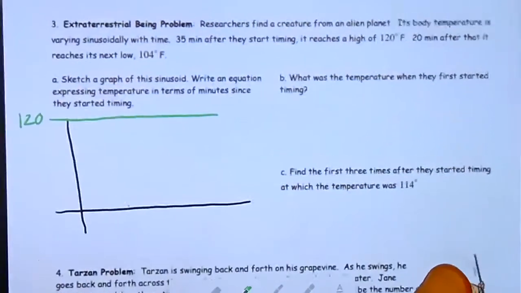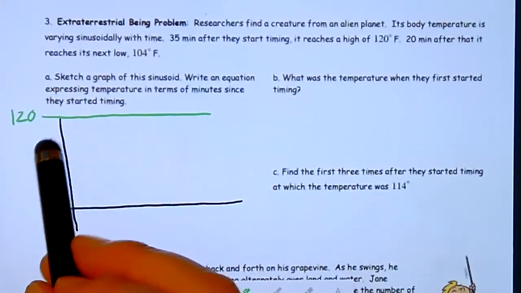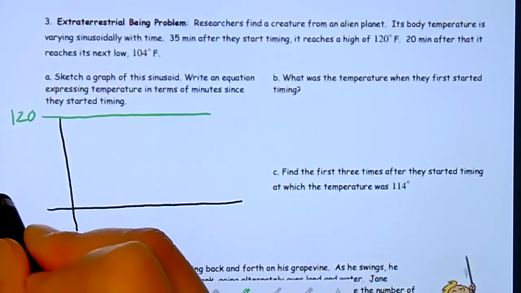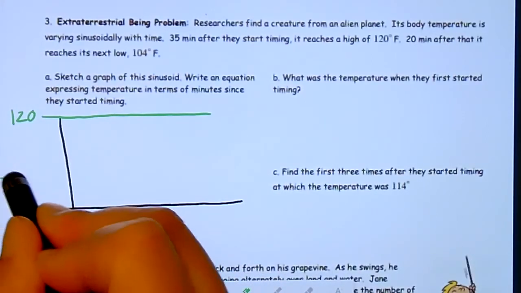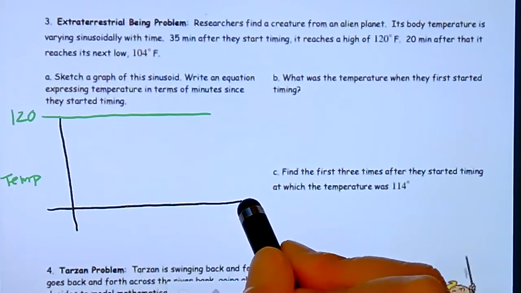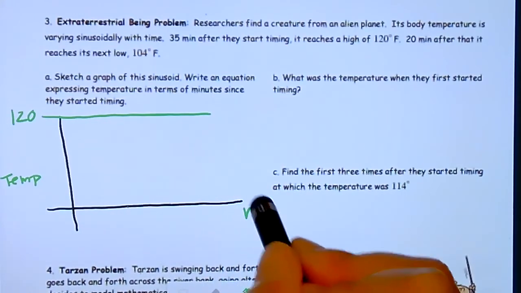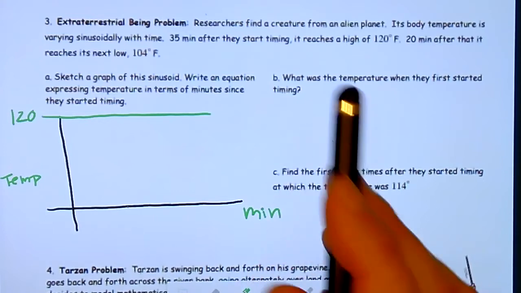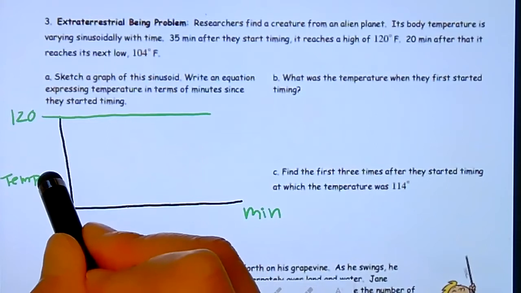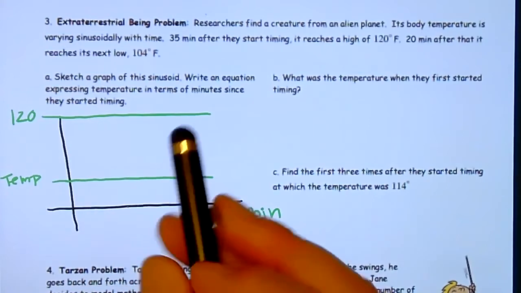And this is going to be temperature over here, okay, temperature, right. Temp. And over here, this is going to be minutes. Then the low is going to be at 104. So let's just say that this right here is 104.